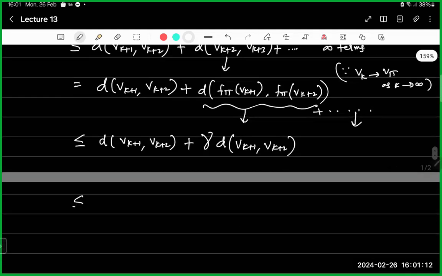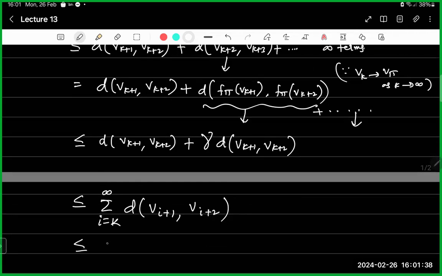This is less than or equal to sigma over i equal to 1 to infinity, d of vi plus 1 comma, right? So this is less than or equal to gamma power i into d of vk plus 1.